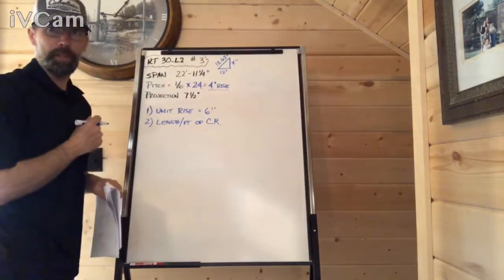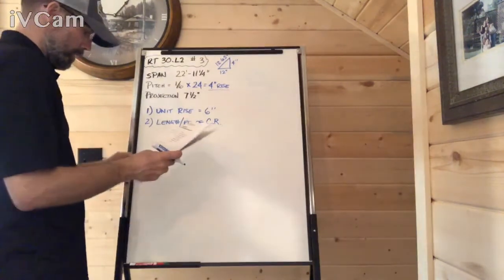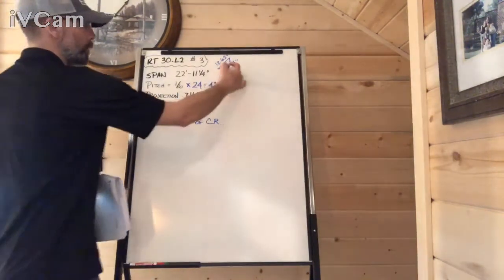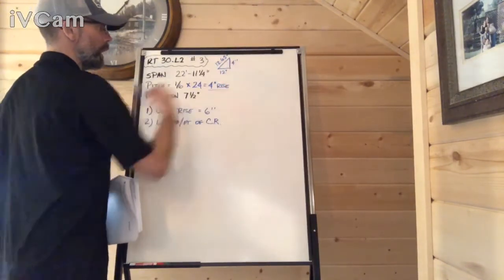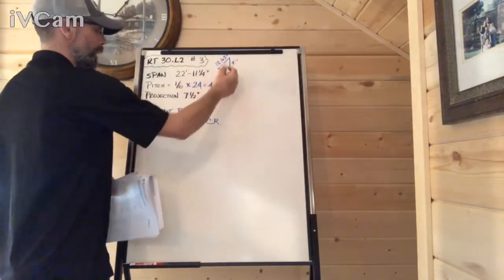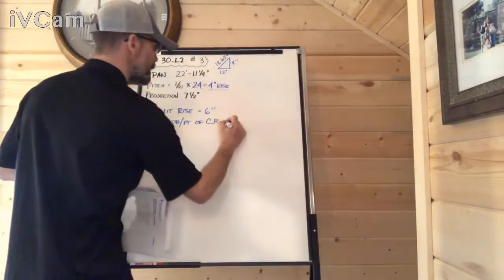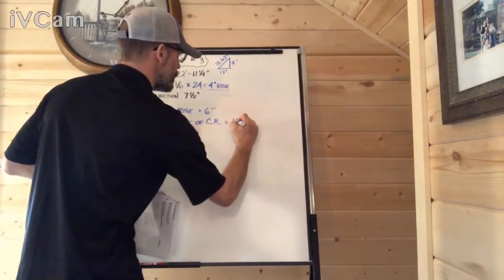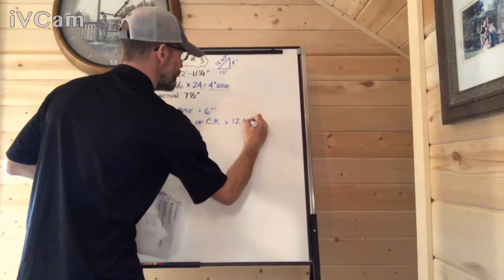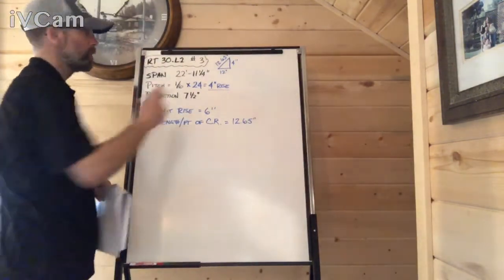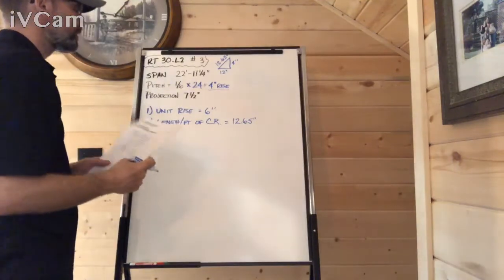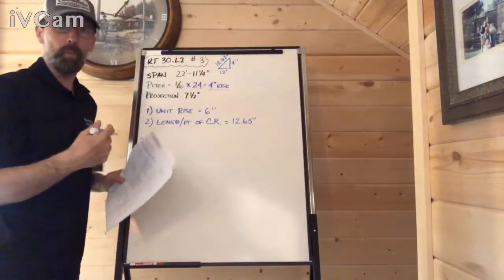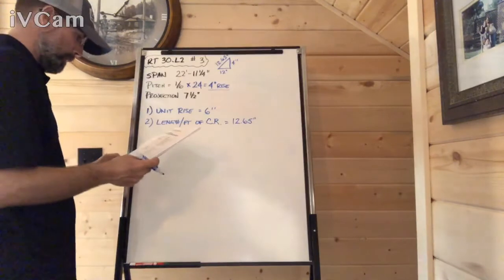I'm going to start to abbreviate some stuff a little bit here. This is our unit run. This is our unit rise. This is our unit line length, or our line length per foot of common rafter, which is equal to 12.65 inches. 1:1:1 ratio, inches to inches to inches. We could change that into feet and it would be 1 decimal something as feet.